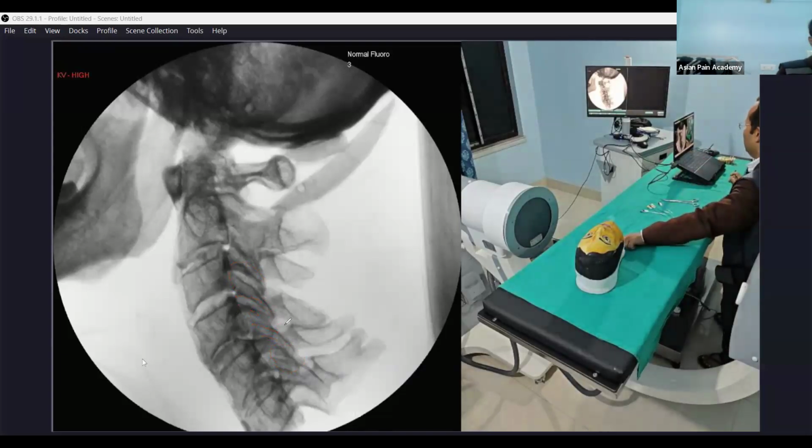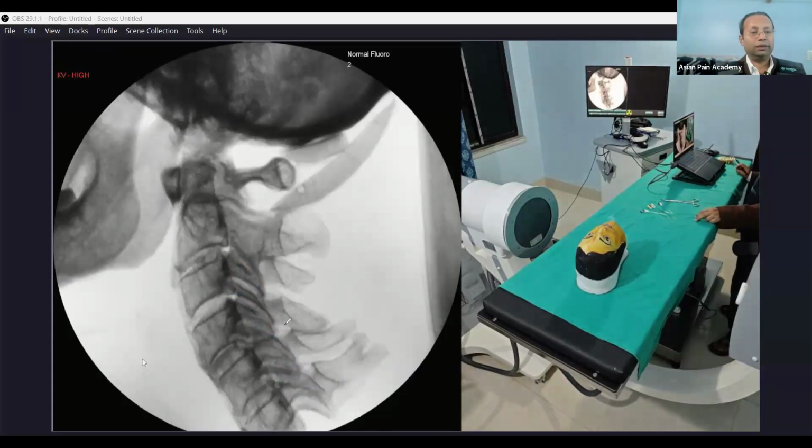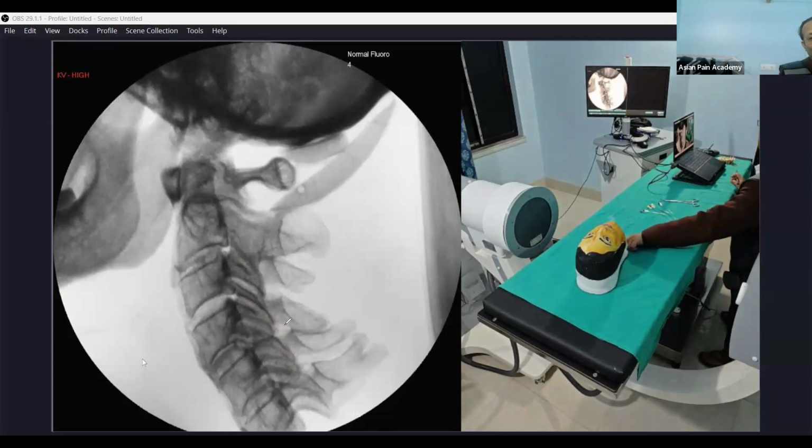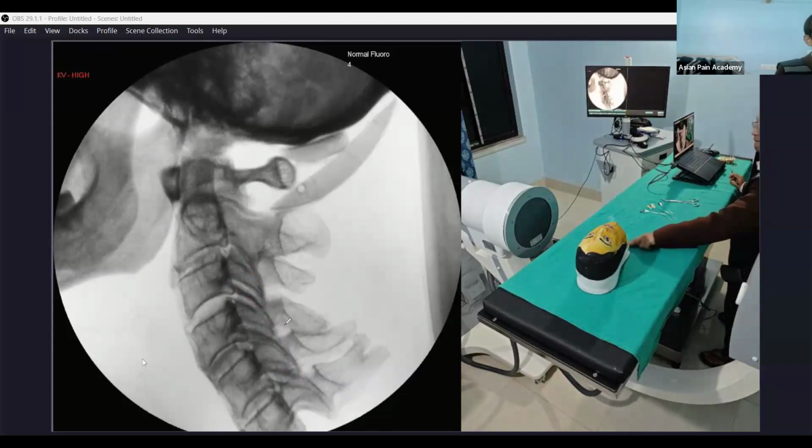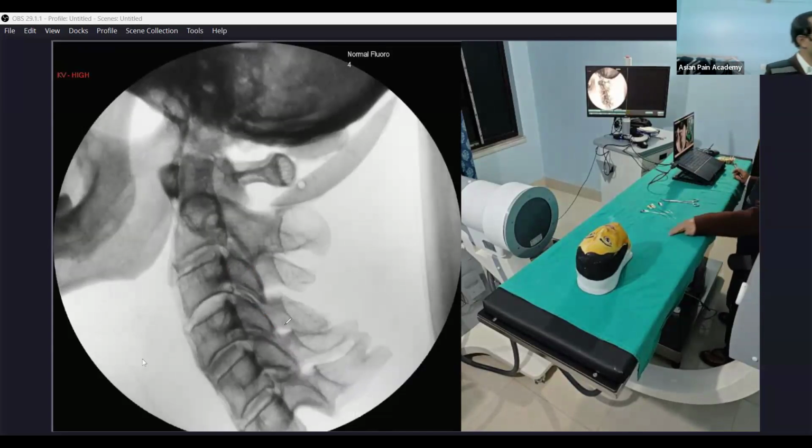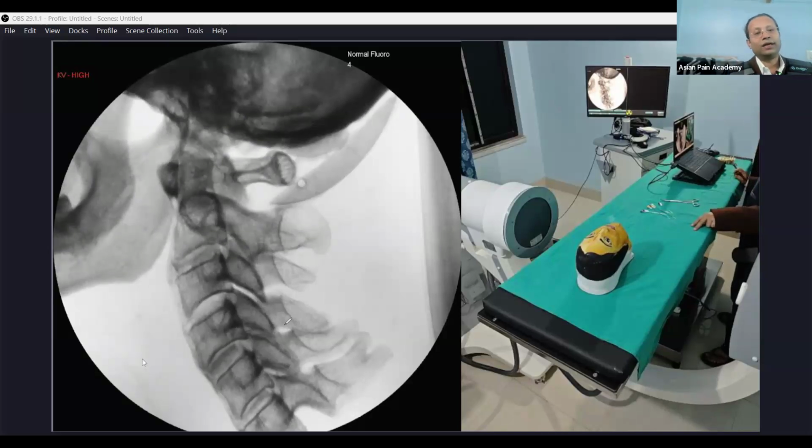Now I am bringing it back to the earlier position, gradually bringing it back. So it is coming into position again.